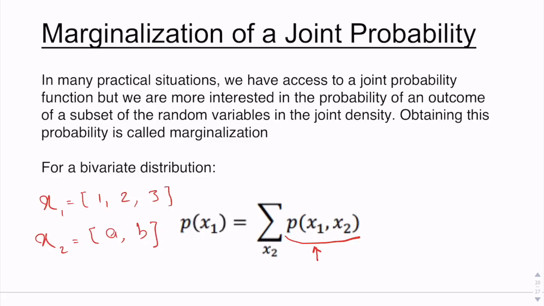If I want to compute the probability that x1 is 2, then I need to marginalize over x2.